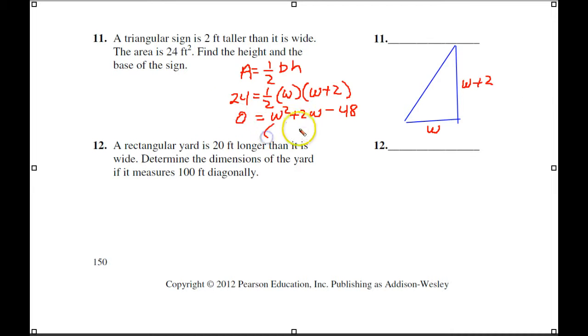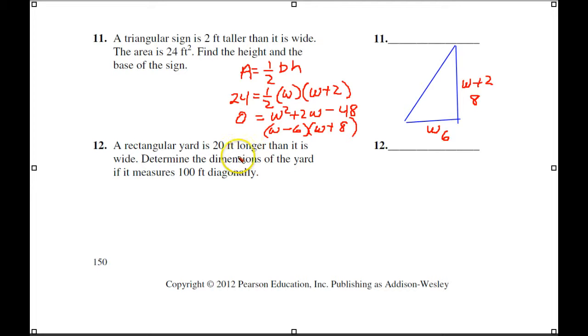And we'll factor that. And here's an easy one. So this is 6 times 8 is 48. And we need this to be a positive and this to be a negative. So our width is 6 and our length is 8. Here they gave us a nice easy one.